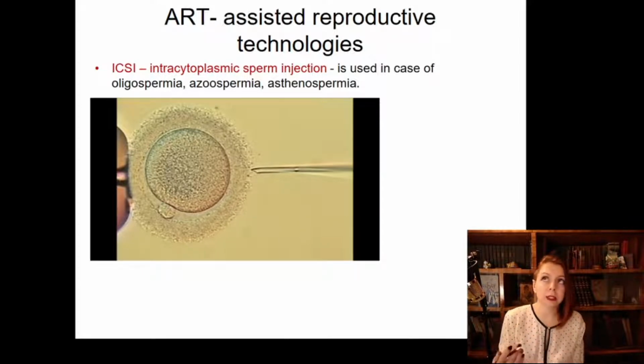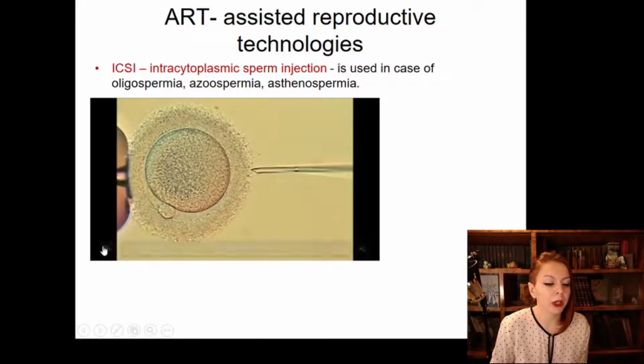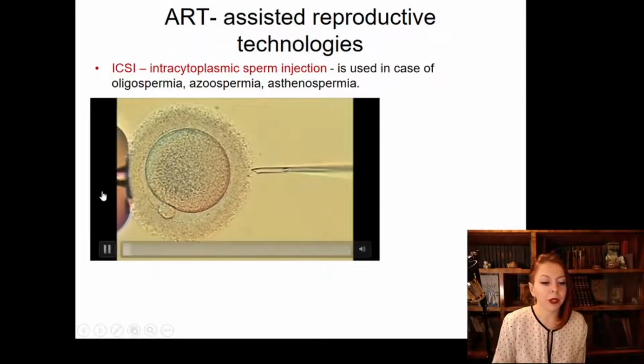So in these cases, a spermatozoon is chosen under the microscope by the specialist. So many parameters are assessed. First of all, motility and morphology. That's why we investigate morphology in such detail. And after that, this spermatozoon is aspirated in a microneedle, and that's what happens.